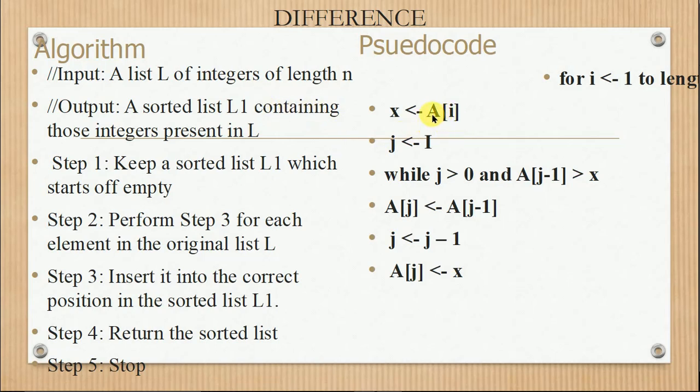an array with the name A, and I will calculate until the array elements exist in A; until then this loop will be executed.